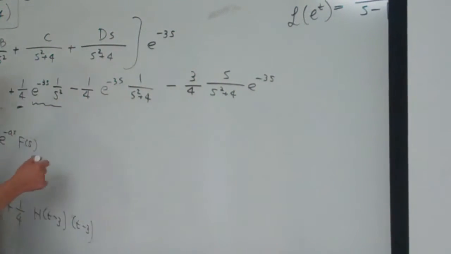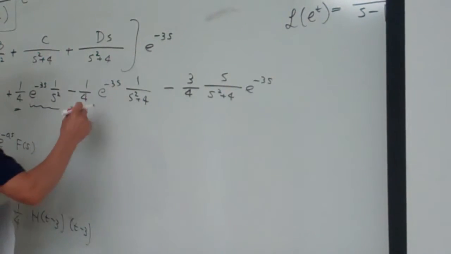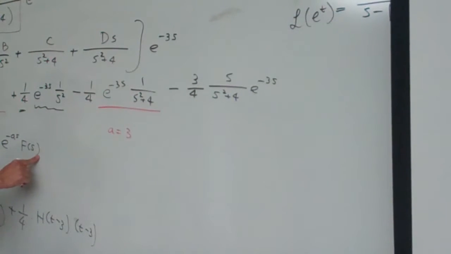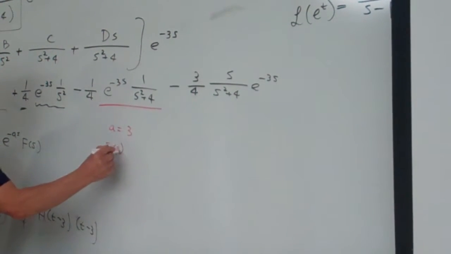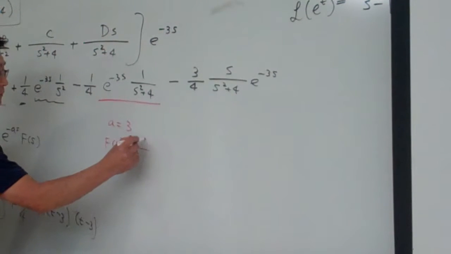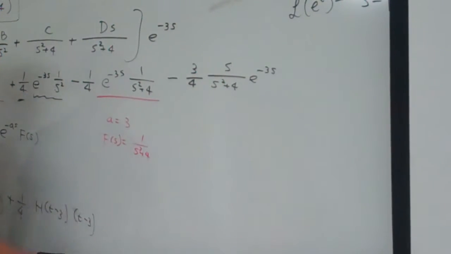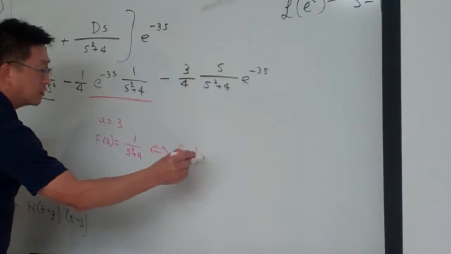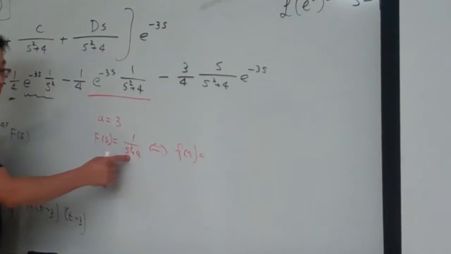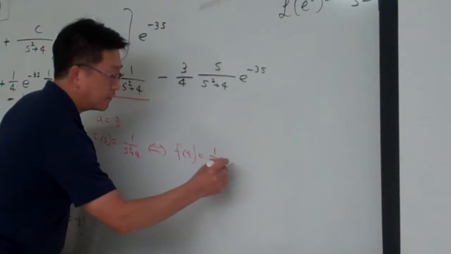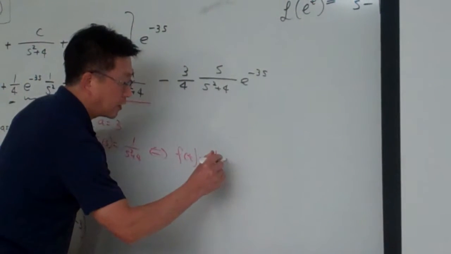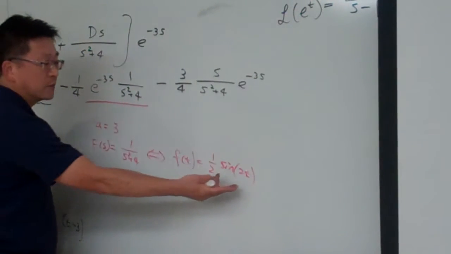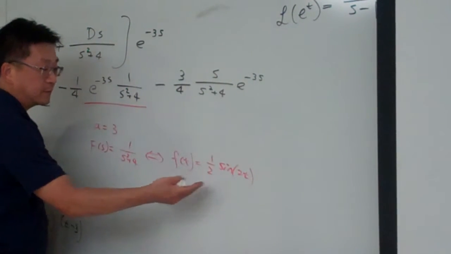Let me write it up here, okay? a equal to 3, and then F(s) equal to this one. So right away, we calculate f(t), if you look at the tables here, that should be equal to 1/2 of sine 2t. And again, here I'm so familiar with it, I write it down, but you can look it up here, okay?